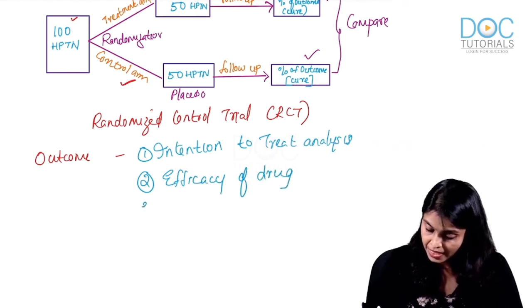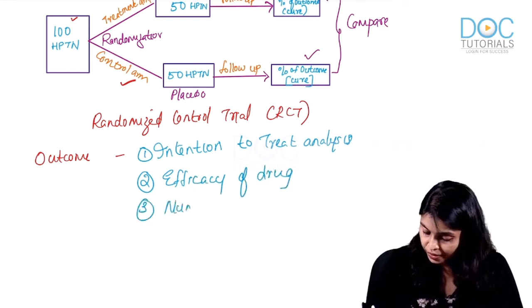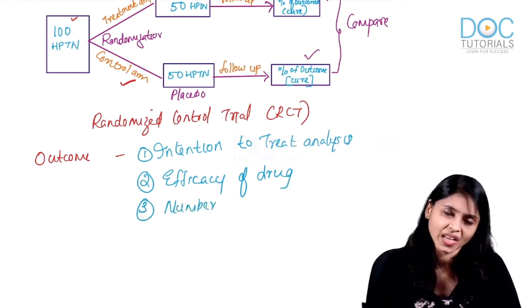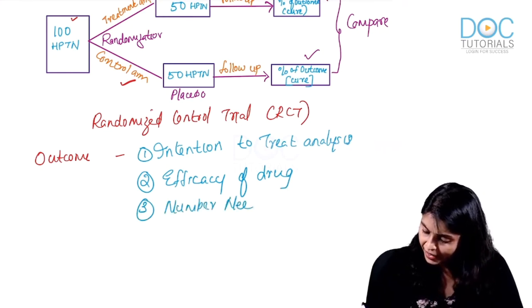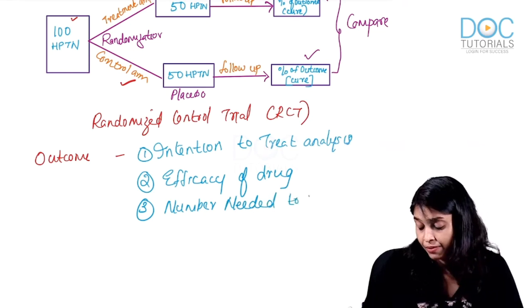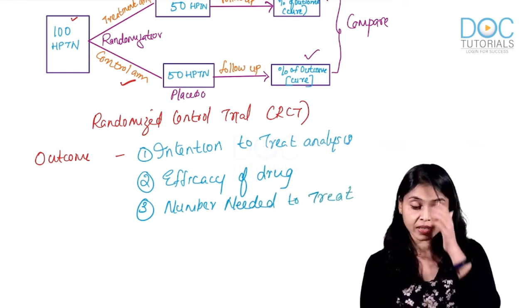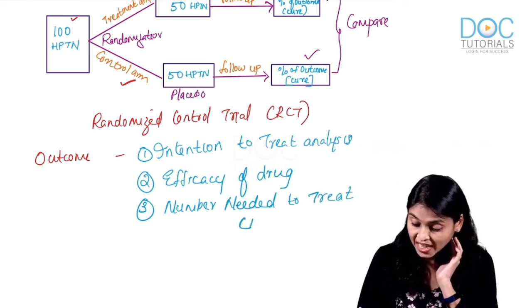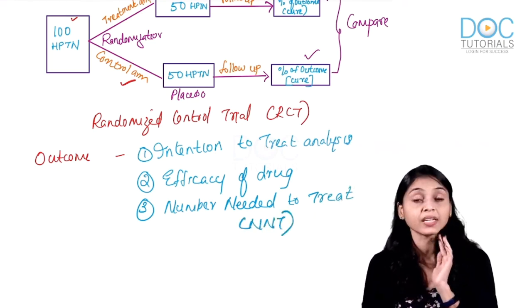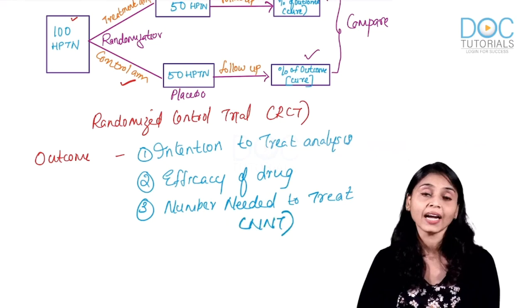And the third is number needed to treat. Don't worry what it is. If I had time, I would have definitely discussed what it is. This is also known as NNT, number needed to treat. So these are the outcomes.